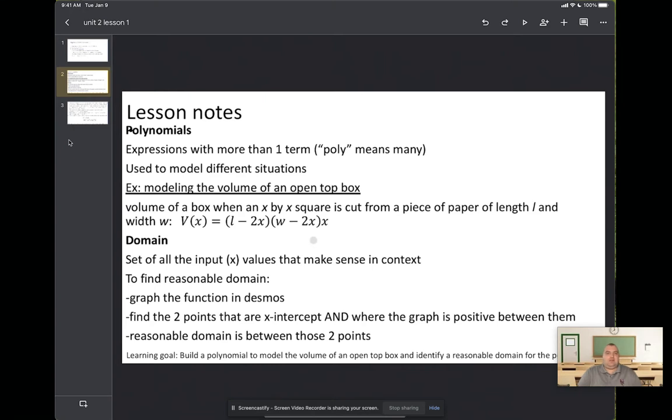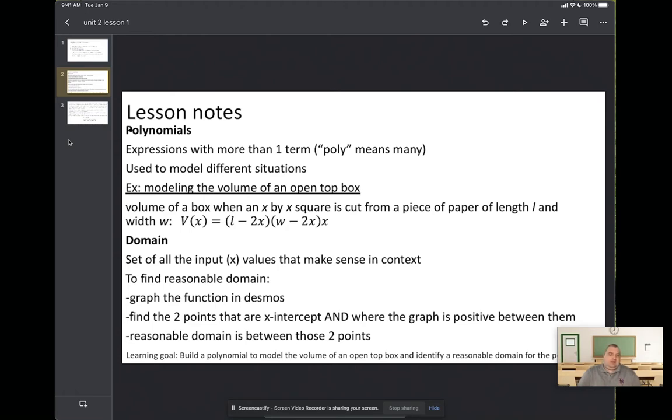The way it works is if you can imagine taking a standard rectangular shaped piece of paper, and then you cut out the same size square from each corner, and then fold up the sides, you have an open top box. And this function allows us to figure out the volume of that box.